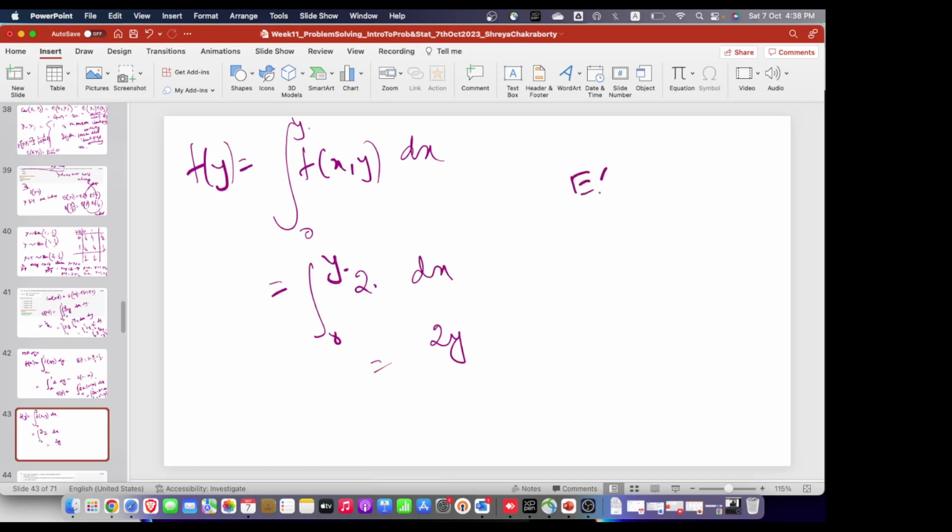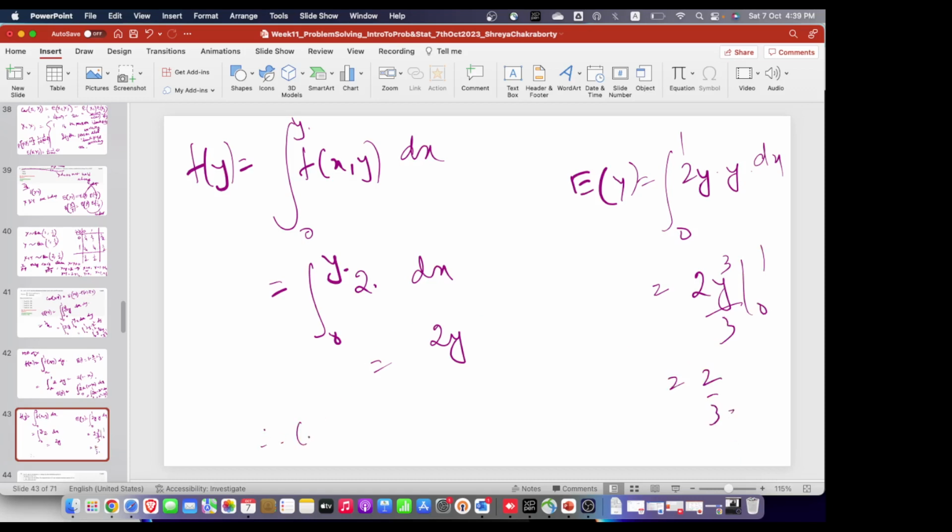And then expectation of y will be the integral of 2y into y dy from 0 to 1. So it will be 2 times y cube by 3 from 0 to 1, that is 2/3.